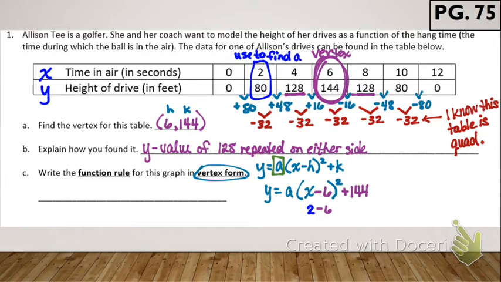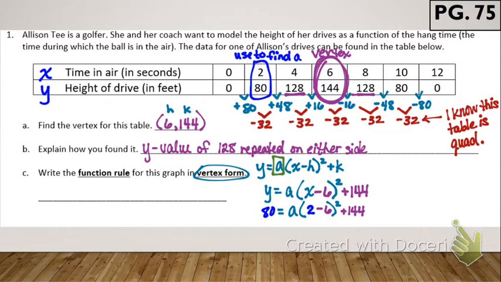So I have 2 minus 6 inside here. I have my plus 144 here. We have our a here. So what am I putting in the place of y? That's where the 80 goes. So the x right here and the y right here. Remember, it doesn't matter which ordered pair you pick off the table.